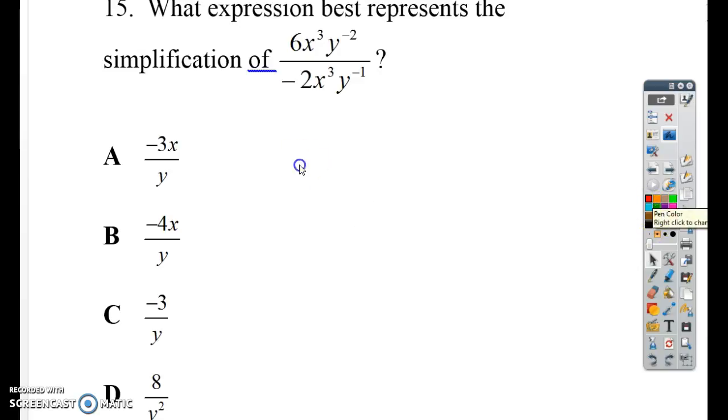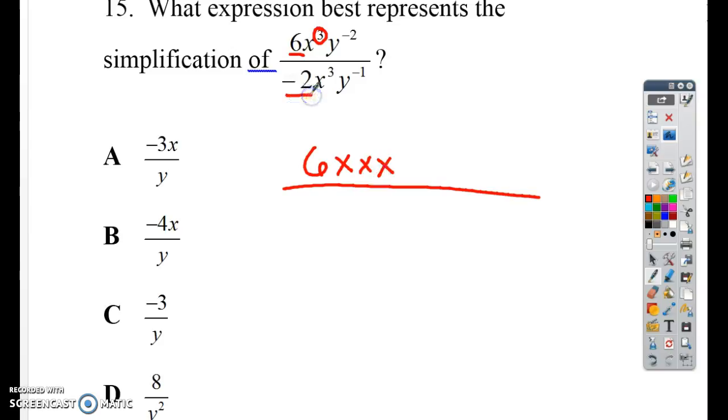So let's go ahead and draw our line. The 6 is going to stay there. The x's are going to stay there, and it's 3 of them: 1, 2, 3. This negative 2 is going to stay down at the bottom, and these 3 x's are also going to stay on bottom.